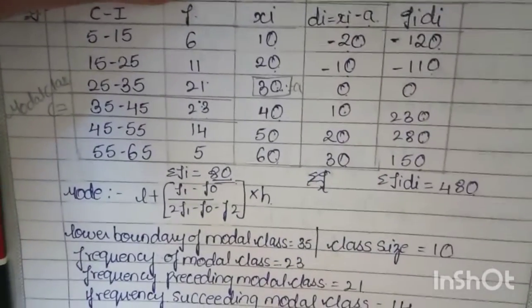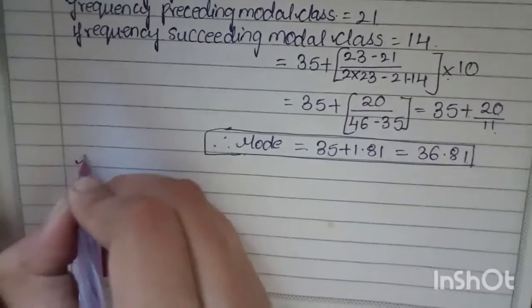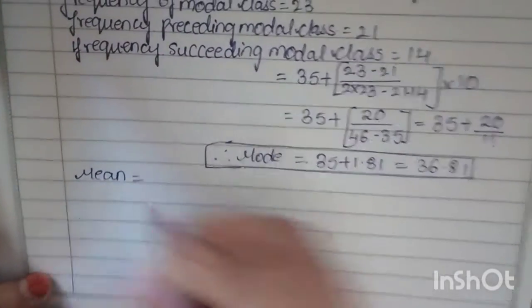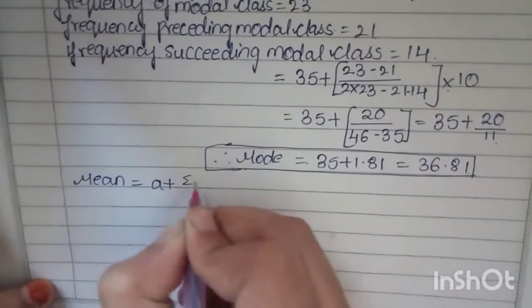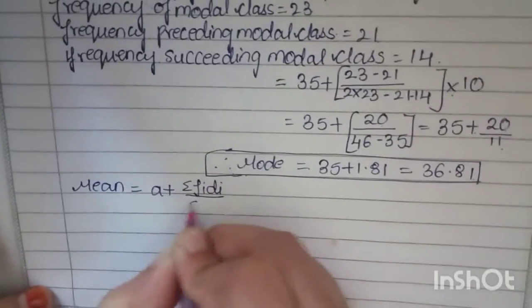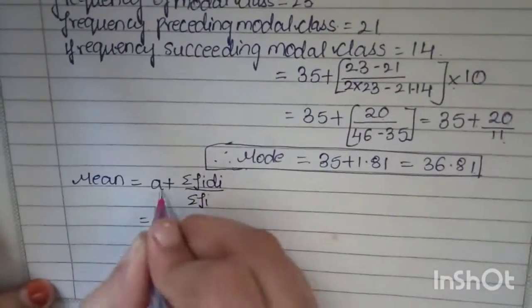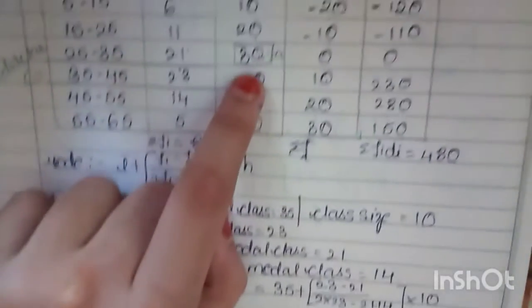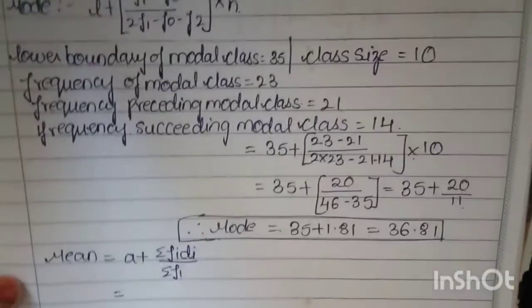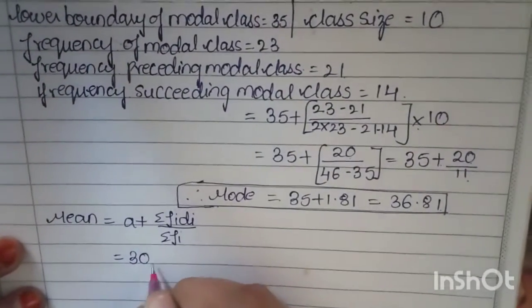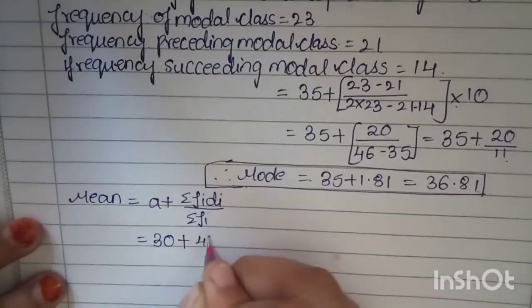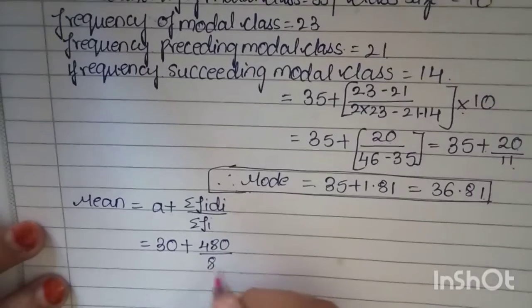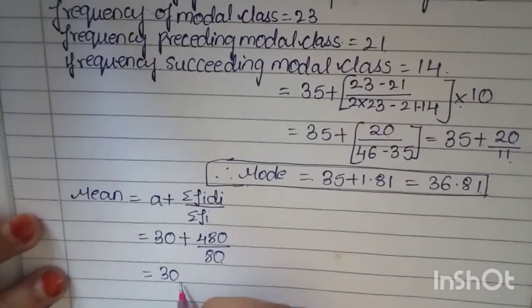Now we have to find the mean, since we got both the values. Mean will be equal to, since we are doing the step deviation method, a plus sigma fi di by sigma fi. Our assumed mean is 30, so 30 plus 480 by 80.